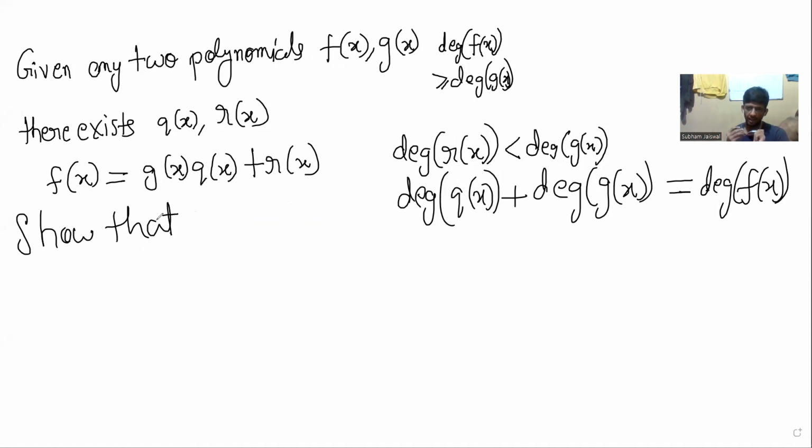I mean, today's class is a little theoretical. So we have worked out a few things, but show that q(x) and r(x) are unique.